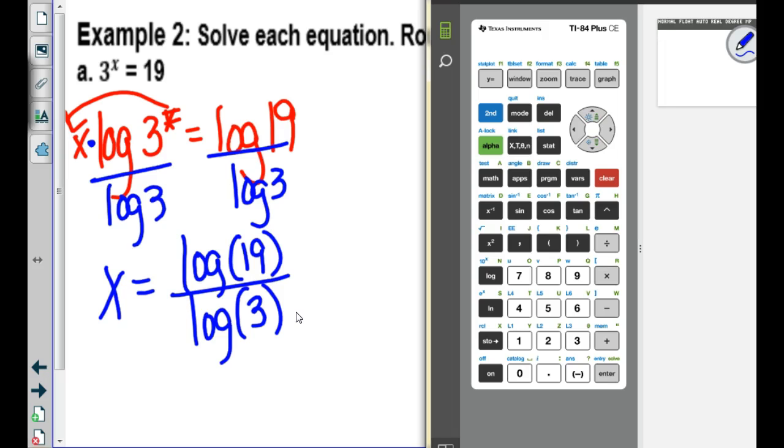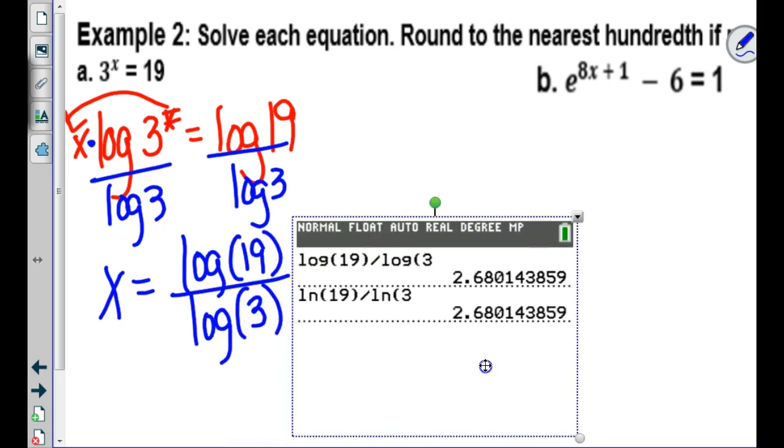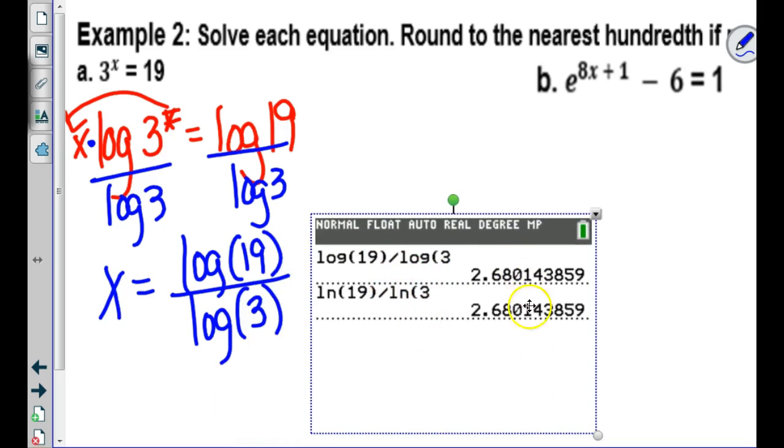No, you can't, is what I'm saying. It's the log of 19 divided by the log of 3. And if you did ln of 19, close parenthesis, divided by ln of 3, you should get the same answer, okay? So it doesn't matter which kind of log, as long as you did it the same on both sides. Everybody good? 2.68?